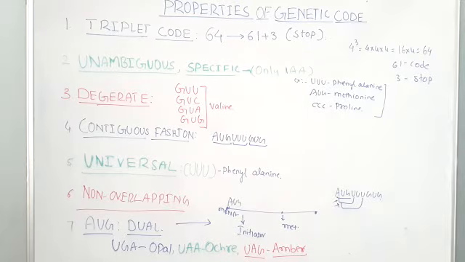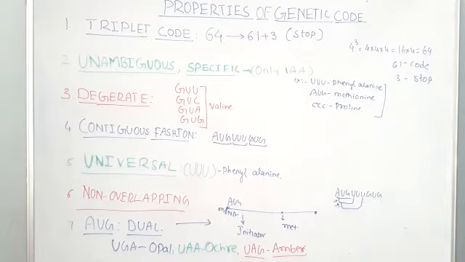The remaining 3 codons are known as stop codons. As you can see here, there are 3 stop codons: UGA, UAA, UAG. These 3 are the stop codons because they stop the synthesis of protein.